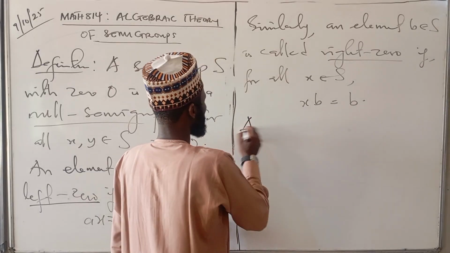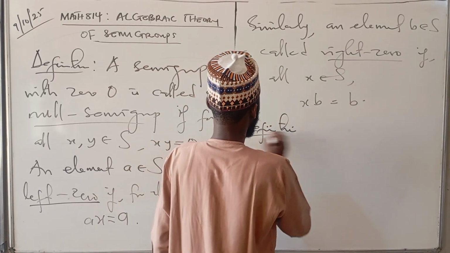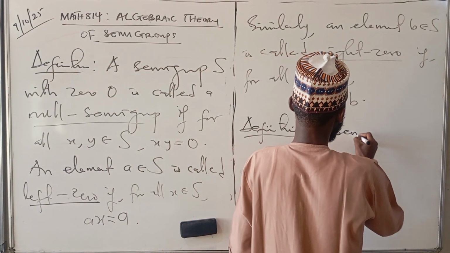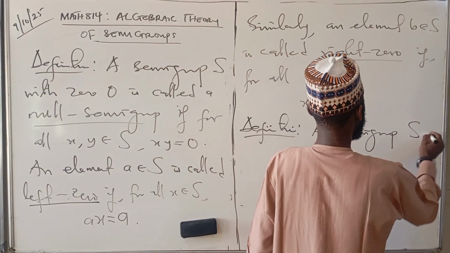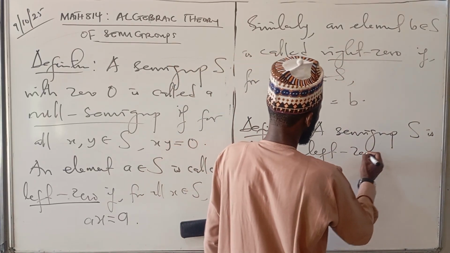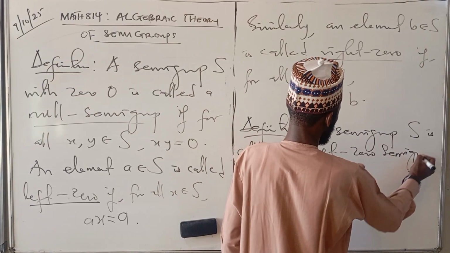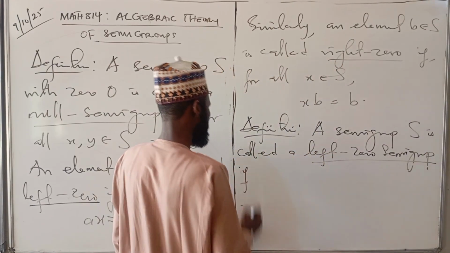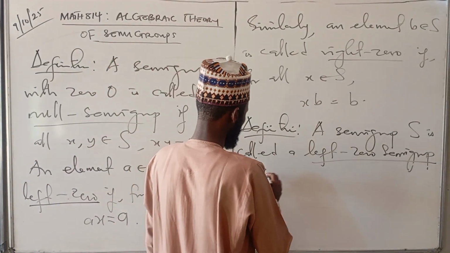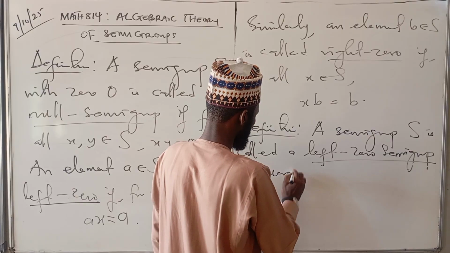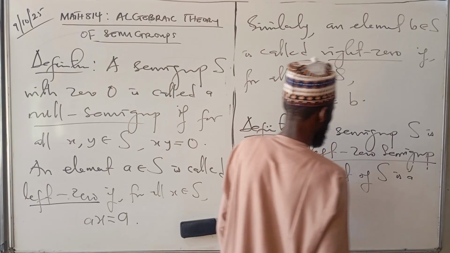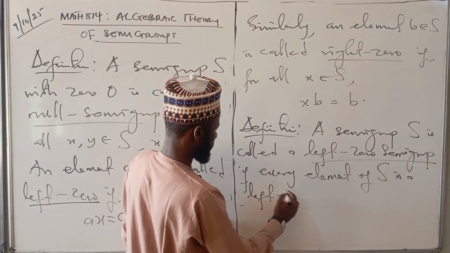So let me define left 0 and right 0 semigroups. A semigroup S is called a left 0 semigroup if all elements of S are left 0, if every element of S is a left 0.